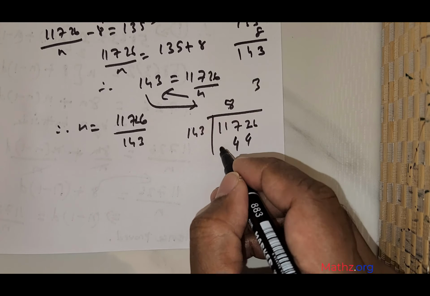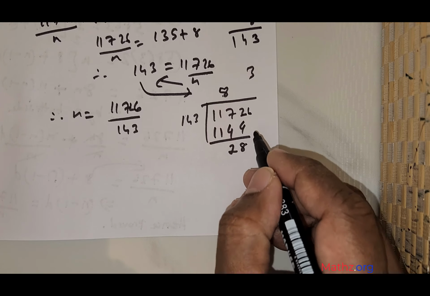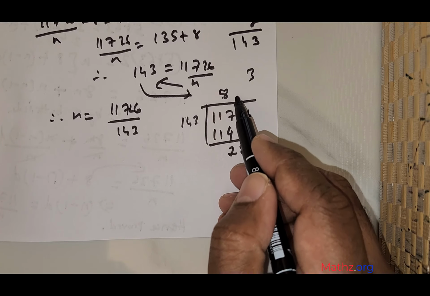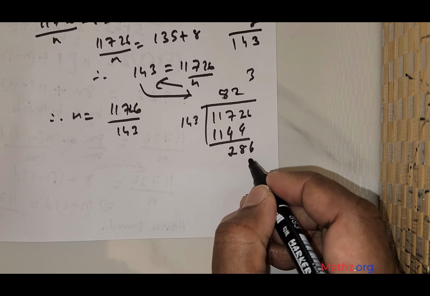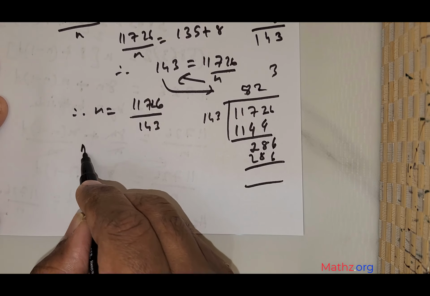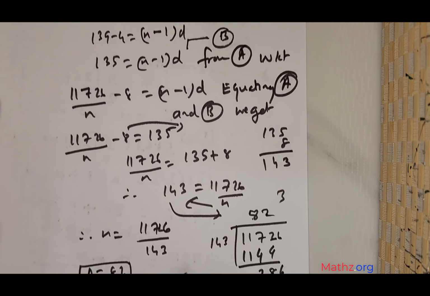Carry 1, you get 12, from 12 you take away 4, you get 8, you have a 6 there, from 6 you take away 4, you get 2, and you have a 6 there. Now I'm going to place 2 there: 3 times 2 is 6, 4 times 2 is 8, 1 times 2 is 2. So that means n is equal to 82.